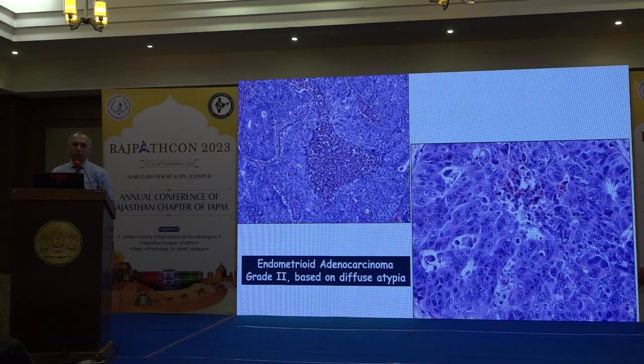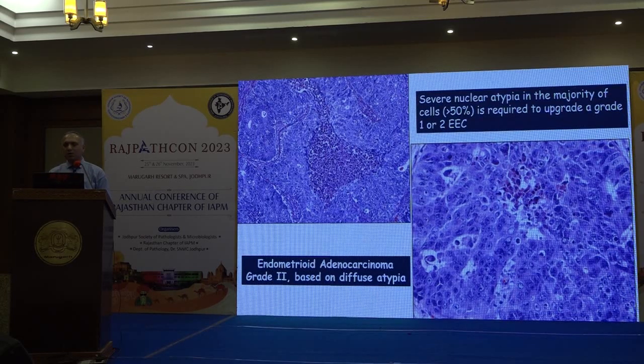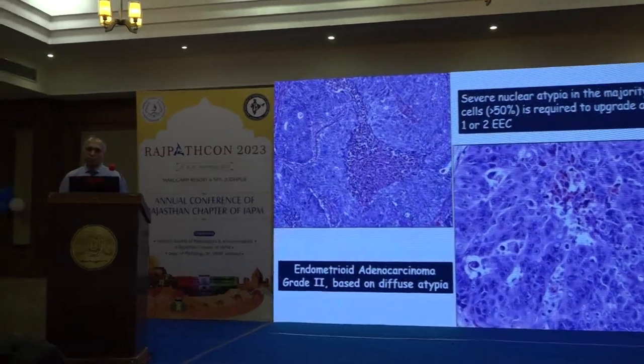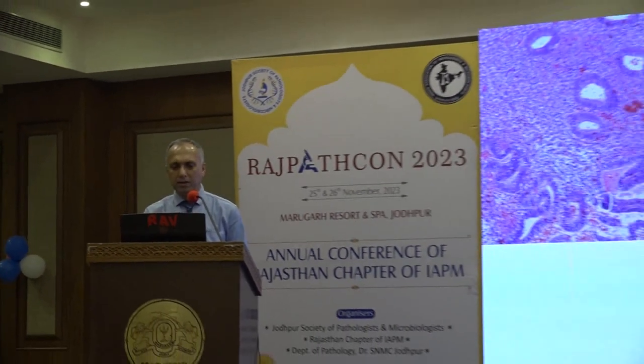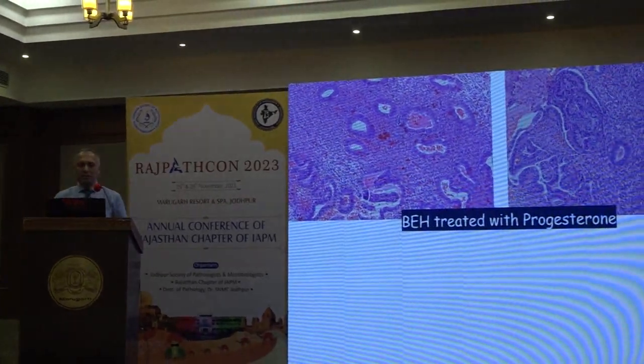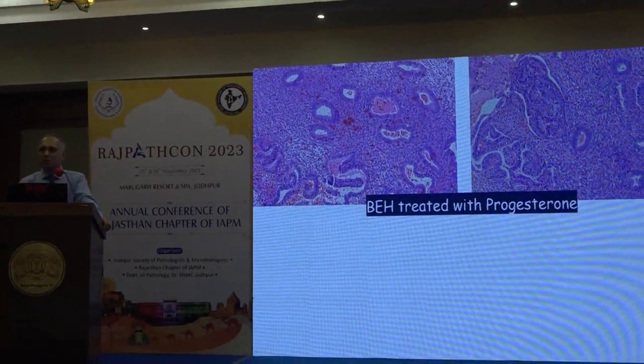So a grade 1 will become grade 2, or a grade 2 will become a grade 3. But it has to be present in the majority of the cells, more than 50%, to upgrade it. And in grade 3, more than 50% is solid area, so you will see a lot of these solid areas.